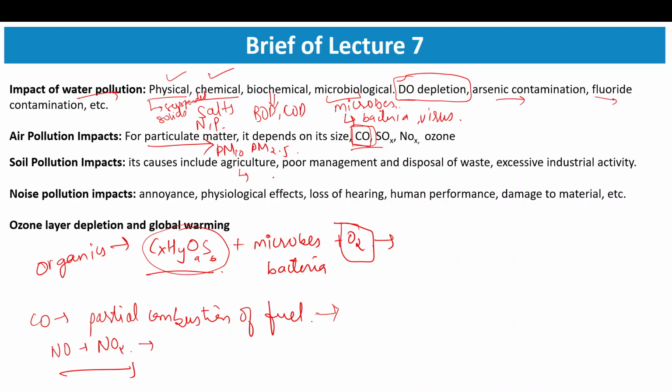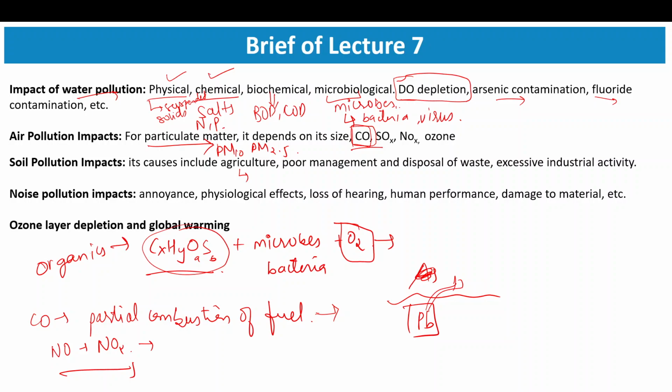The impact can be, for example, if some pollutant goes into the soil, say a metal like lead, it will be taken up by plants and affect not only their growth.